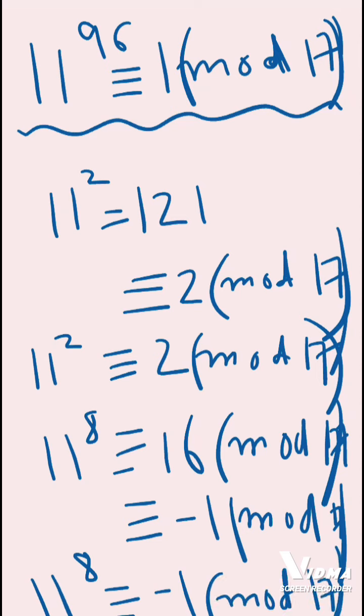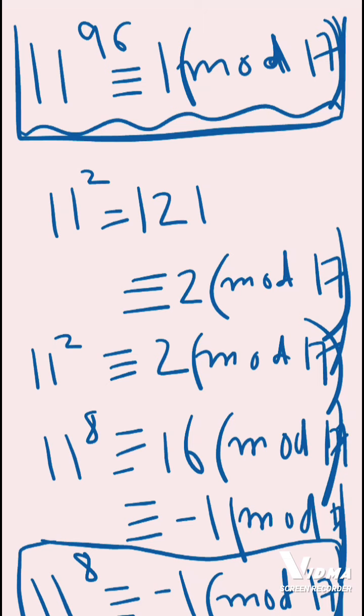Now I'm going to club this expression and this expression. So now what I'm going to do is multiply both the congruences. So we have learned the properties of congruences, that any two congruences with the same modulo can be multiplied. So I'm going to multiply these.